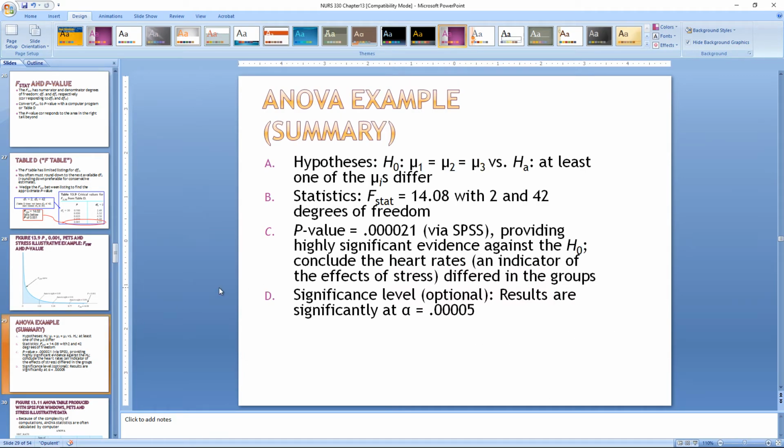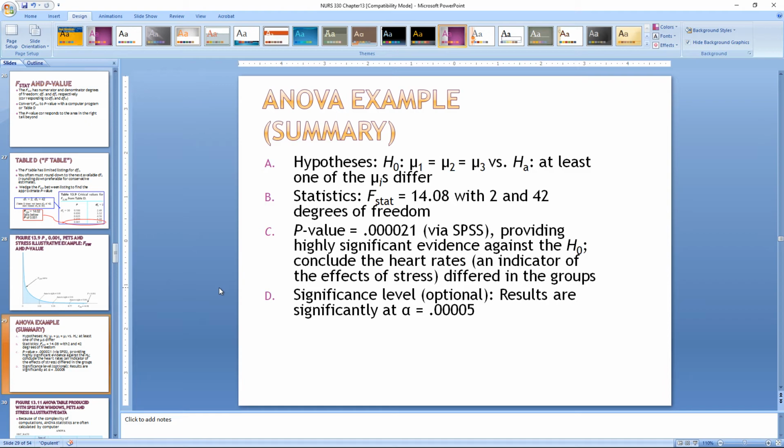So here's an ANOVA example, or a summary of what we just did. So we had our null hypothesis, a statement of no difference, where mu 1, 2, and 3 are all equal to each other, versus an alternative hypothesis, where at least one of the mus differ. We got an F statistic of 14.08 with 2 and 42 degrees of freedom. Remember, that's between, then within.